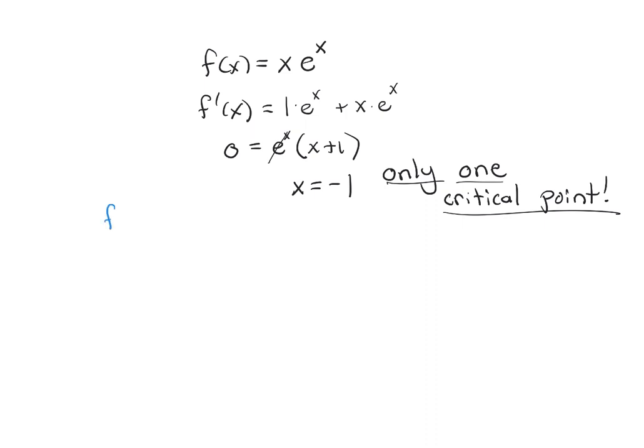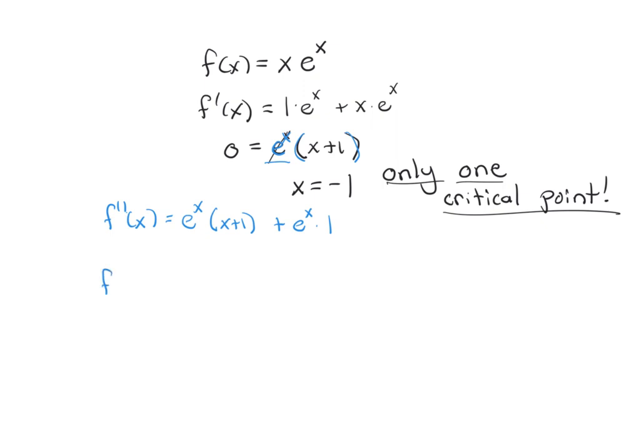So let's take the second derivative. Looking at this, e to the x times x plus 1 in factored form, I'm going to do the product rule. So derivative of the first is e to the x times the second, x plus 1, plus the first, e to the x, times the derivative of the second, which is just 1.